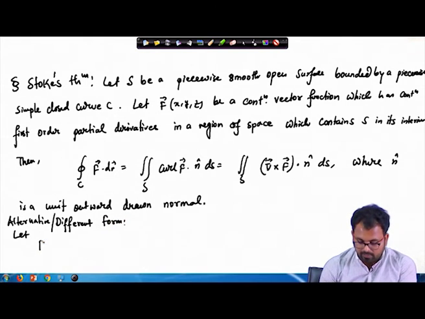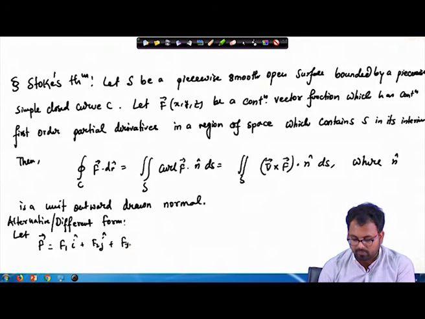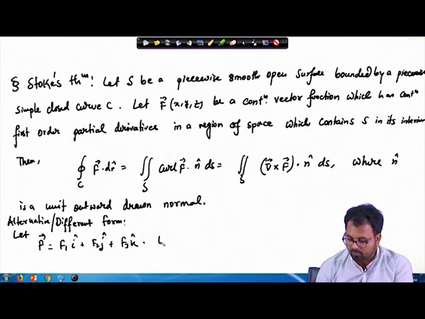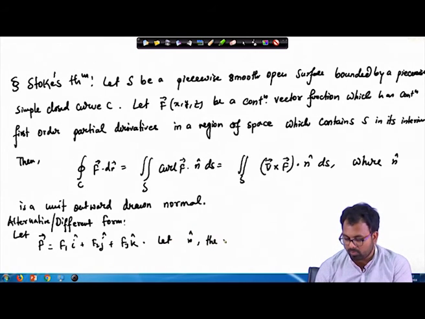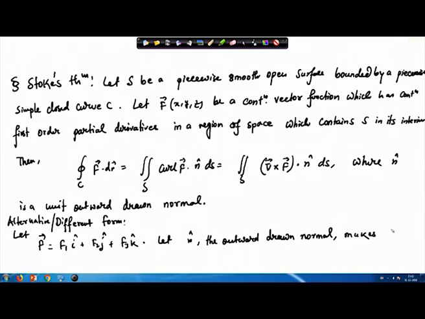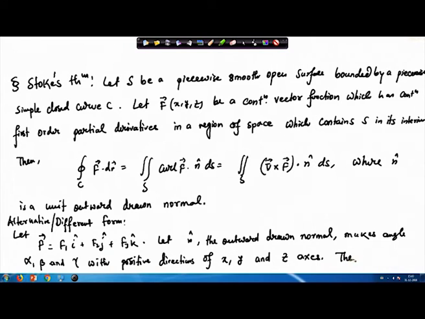Let f be a given vector function which has 3 components, f1 i, f2 j and f3 k, and let n, the outward drawn normal, make angles alpha, beta and gamma with the positive directions of the x, y and z axes. Then we can write our normal n.